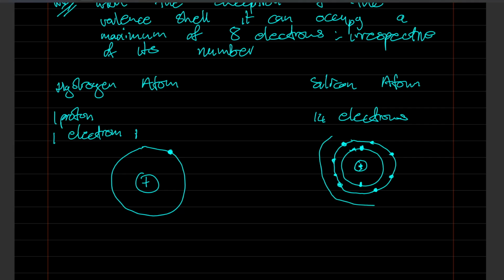Now how many electrons are left? There are 4 electrons left, so only 4 can fit on this valence shell, meaning that these 4 are a bit susceptible to being taken by other atoms. And that's the end of the first part of this video. We'll go to the next part where we'll be discussing the relationships between these parameters of electricity.